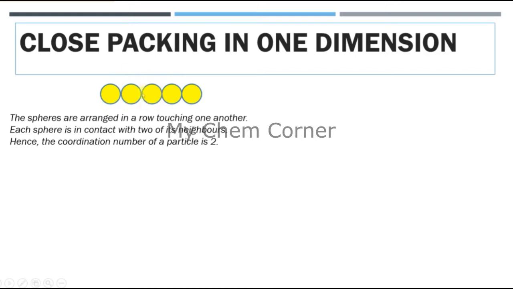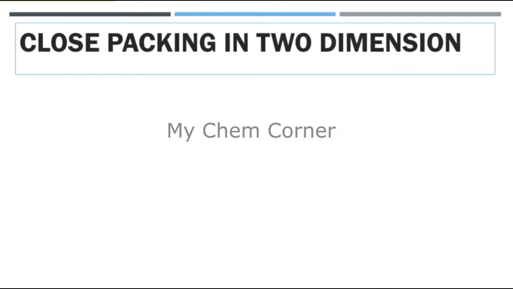Thus, the coordination number of this particular atom is also 2 because it is touching 2 atoms. So, in a 1 dimension close packing, the coordination number of any particle is going to be 2. Here 1 dimension is easier because you just need to learn how these atoms are closely packed only in a single axis. Now, let's move into the next one, which is close packing in 2 dimensions.